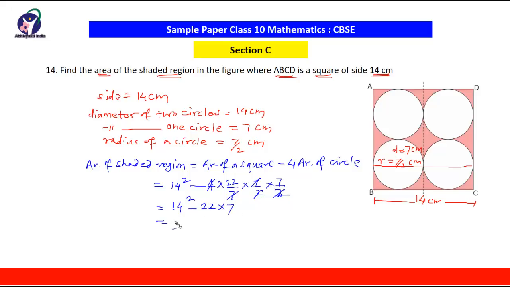Now here 14 square will be 196 minus 22 into 7, that will be 154, and so which is equal to 42 square centimeter, and therefore the area of shaded region is equal to 42 square centimeter.